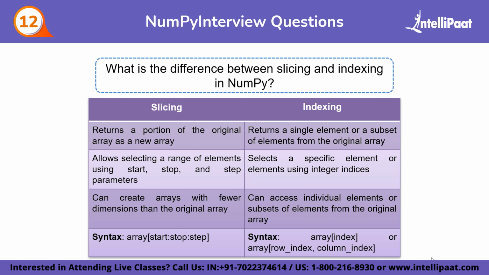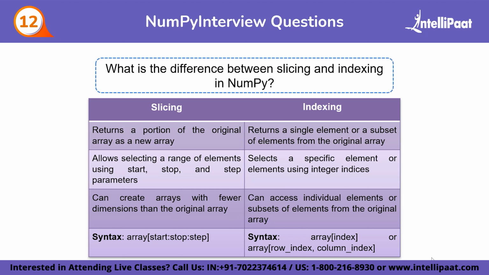While slicing allows selecting a range of elements using start, stop, and step parameters. As I already told, it collects a portion, so you can select a range of elements. While in indexing, you have to select a specific element or elements using integer indices. So we can only select specific elements that have integer indices in indexing. While in slicing, we can create arrays with fewer dimensions than the original array.